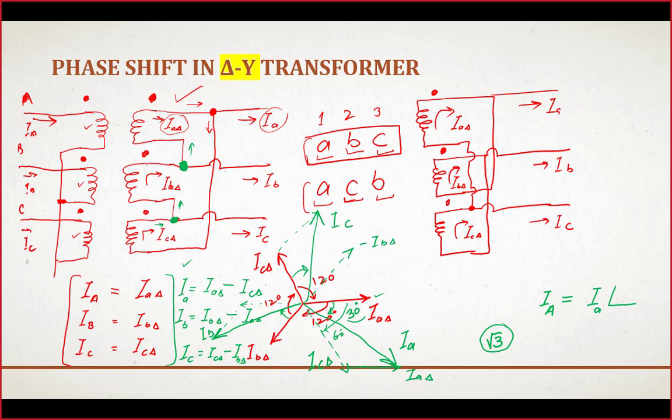If we assume that I capital A is a reference, with respect to that, I small a is lagging behind. So we will have to add an angle of 30 degree here. It means in this phase A, on delta side, if we add a 30 degree angle, then it will become in phase with the high side. So this is the relationship between them. Similarly, B current will be IB angle 30 degree. Similarly, C current will be IC angle 30 degree.